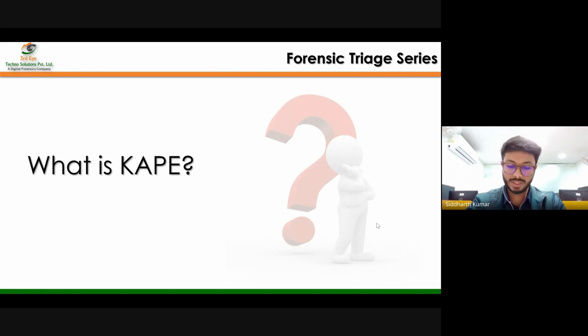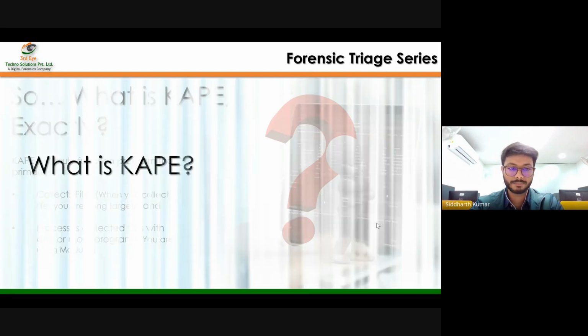So the first thing which pops up in our mind is what is KAPE actually? Okay, we get that we are going through this webinar of triaging using KAPE, but the first question which pops up is what is KAPE?